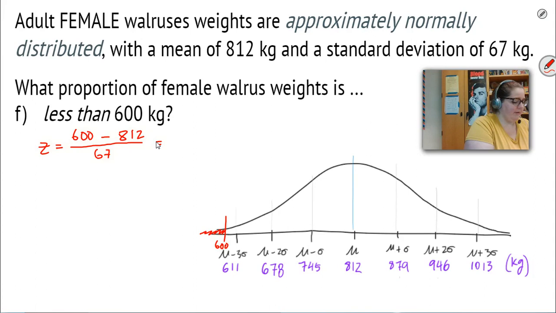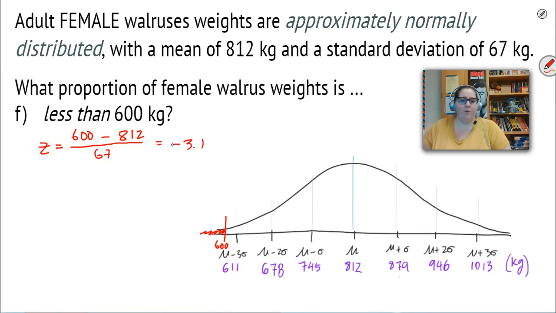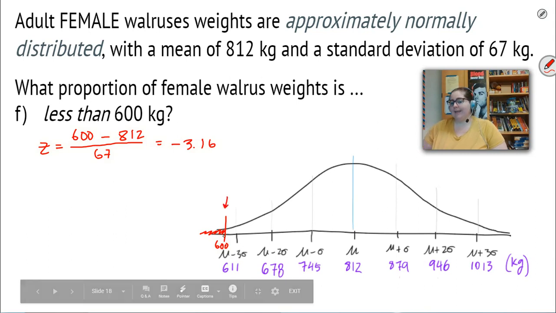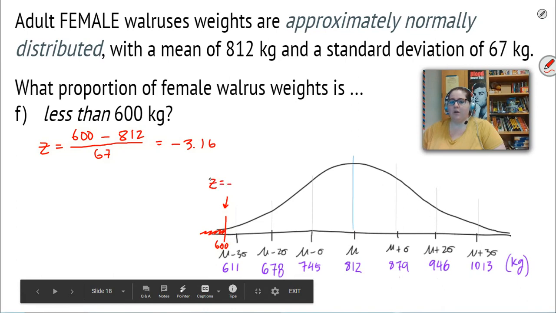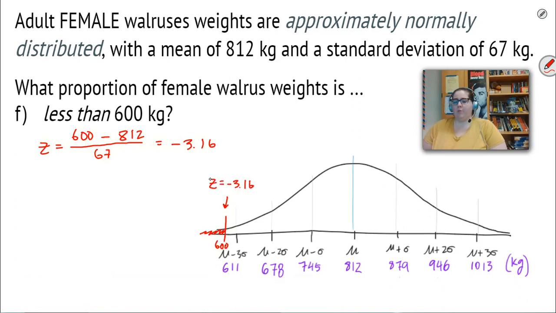So I'm going to do this in my calculator. Make sure you do the subtracting first and then divide. Comes out to negative 3.16. Okay? So negative 3.16 is my z-score that corresponds to that place on the normal model. That's kind of our standardized score on the normal model.